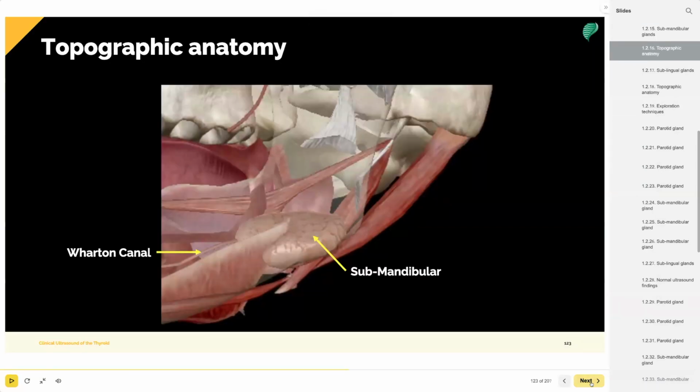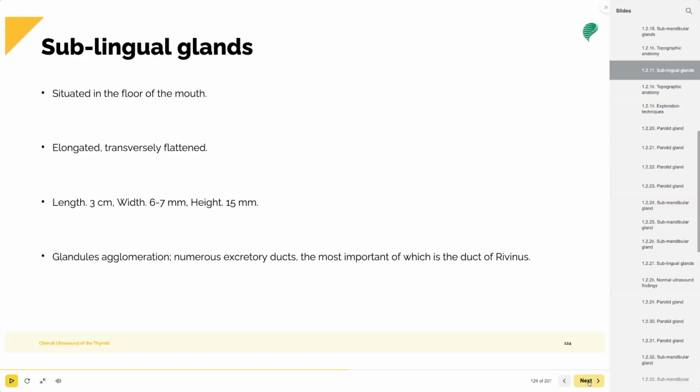In this image, we can visualize the Wharton canal and the submandibular gland. The sublingual glands are located in the floor of the mouth. They're elongated, transversely flattened. In terms of size, the length is usually 3 centimeters, with a thickness of 6 to 7 millimeters and a height of 15 millimeters.